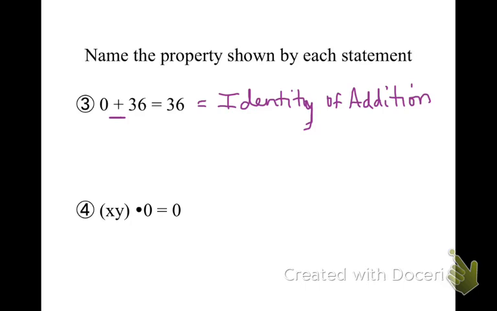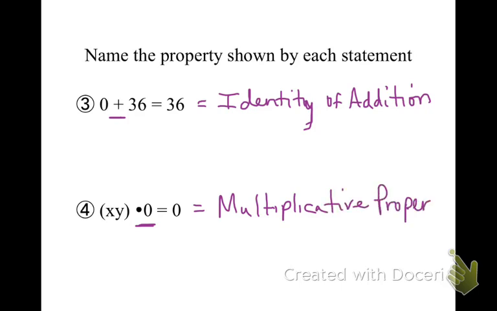In number 4, xy with parentheses times 0. Just because I see grouping symbols does not make it associative because I'm multiplying by 0. It is the multiplicative property of 0. And that's important to have all of that written as well.